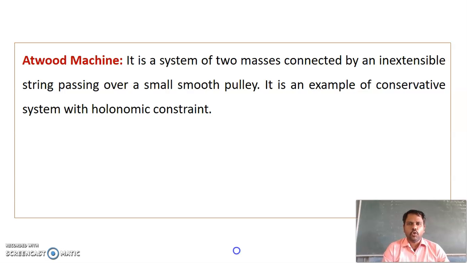It is a system of two masses connected by an inextensible string passing over a small smooth pulley. This setup is known as Atwood's machine, and it is an example of a conservative system with holonomic constraint.